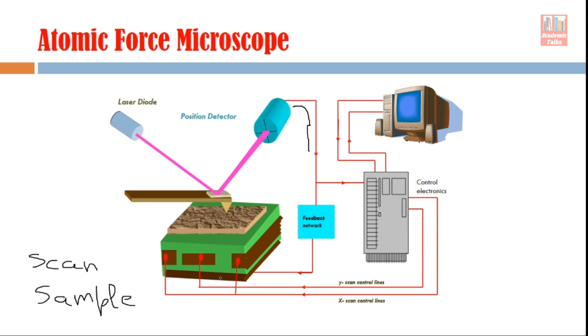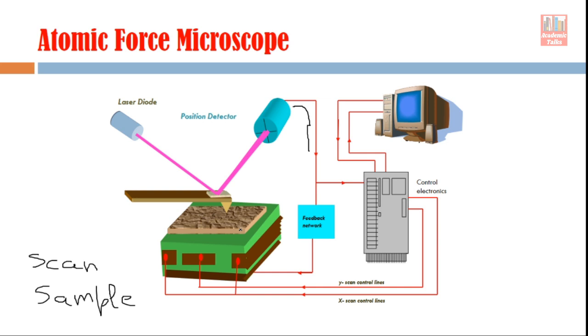Now just like in the scanning tunneling microscope, there was a feedback mechanism, and that feedback mechanism was used to control the vertical movement of the probe tip. So here also there is a feedback mechanism. Since scanning is by the sample, not only the XY scanning but the Z vertical scanning is also performed by the sample holder. And this mechanical Z movement is necessary.